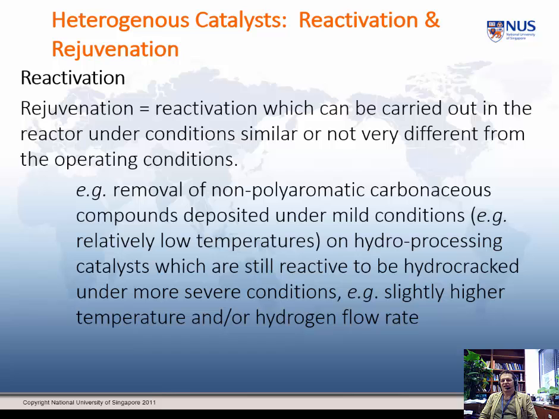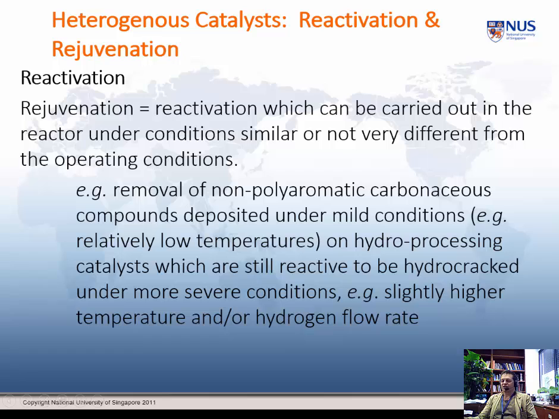So, for instance, if you've got non-polyaromatic carbonaceous compounds deposited under mild conditions and low temperatures, maybe on hydroprocessing catalysts, you can run the rig at a slightly higher temperature, maybe increase the flow rate slightly, and or the hydrogen flow rate, and you can clean the catalyst, rejuvenate the catalyst in situ, no problem.